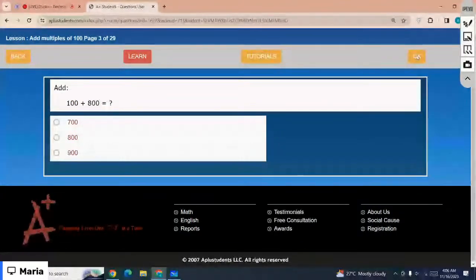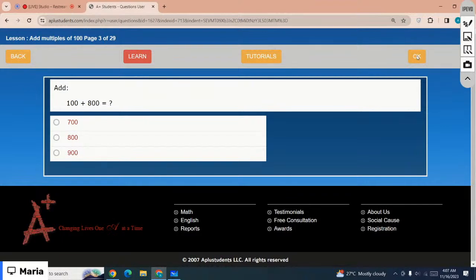Okay, add 800 plus 100. So which is the correct option? Just add the non-zero values.